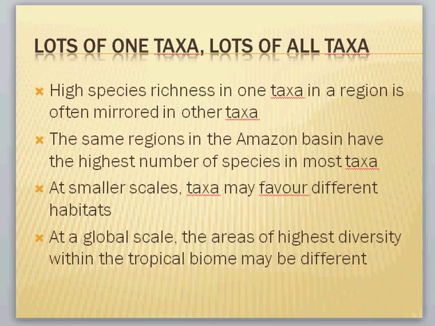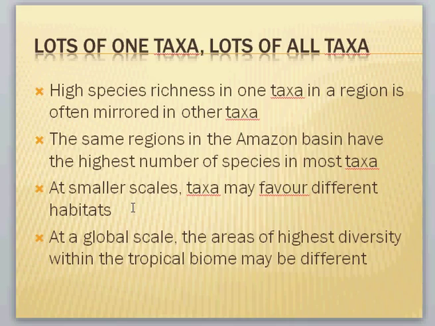So the same regions in the Amazon basin often have the highest number of species in most taxa. At smaller scales, you may find that taxa favor different habitats. So for instance, you may find that one set of taxa, like the fish, will obviously inhabit freshwater stream habitats, whereas the birds would tend to inhabit the terra firma forests.